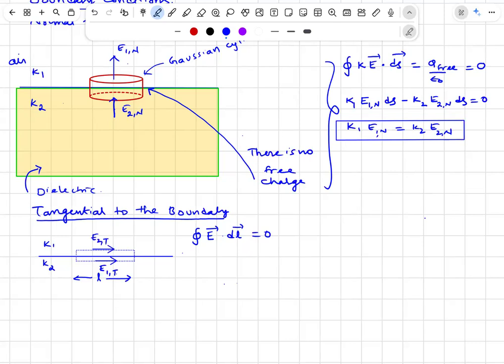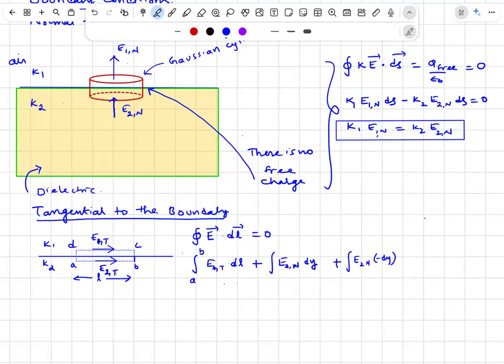In this process, A, B, C, D. A to B, E1T times dl, plus E1N, E1T, E2T dy, plus E2N, minus dy.